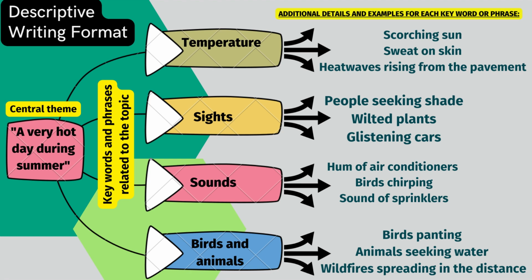In the similar way, whatever your key ideas are for the body paragraph, try to support these ideas with two or three more ideas based on each key point. So you can take help from this mind map, and then let's start with our sample essays which I always provide you.